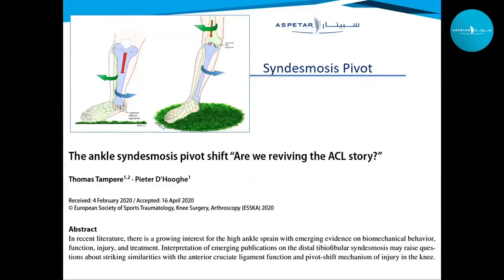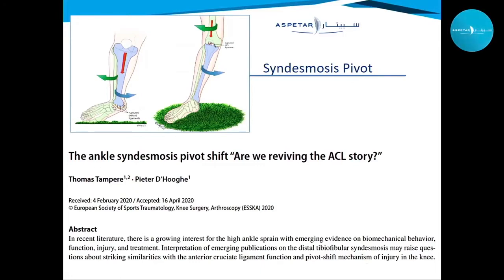And now a little teaser for you all. When I say it's not an ankle sprain at all, we believe, with the similarities to the ACL pathology that we see, that there's no such thing as an ankle sprain, but also we should get rid of the title high ankle sprain because it has nothing to do with an ankle sprain. It is a syndesmosis pivot.